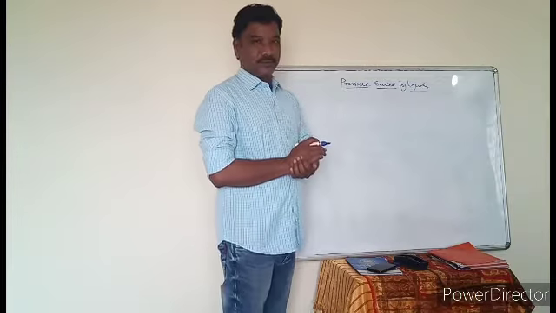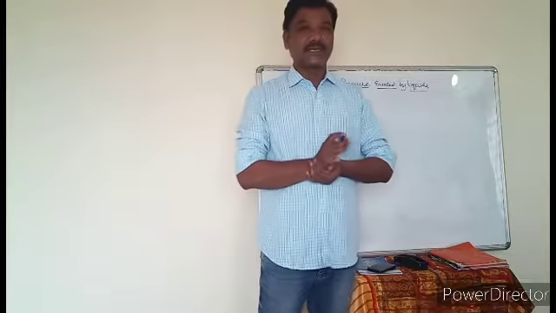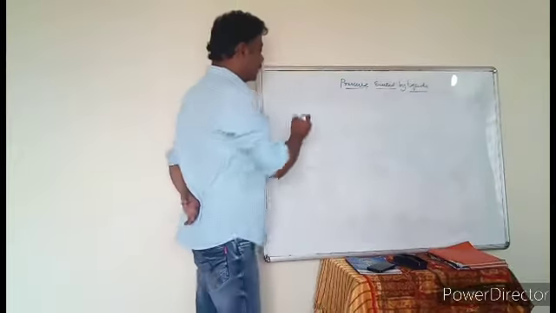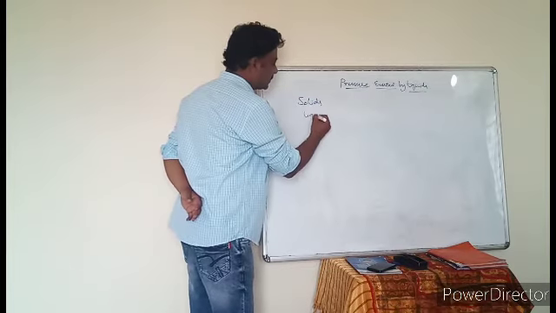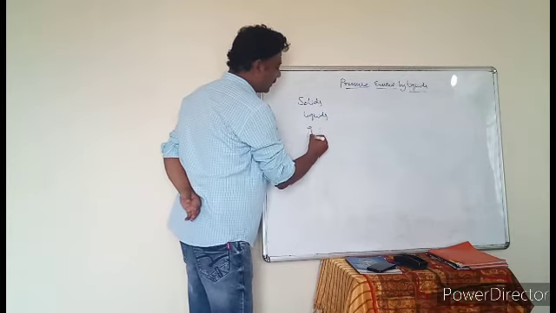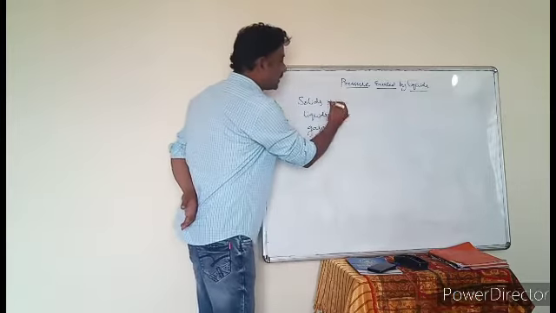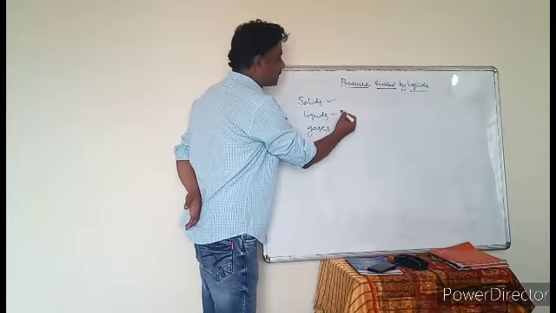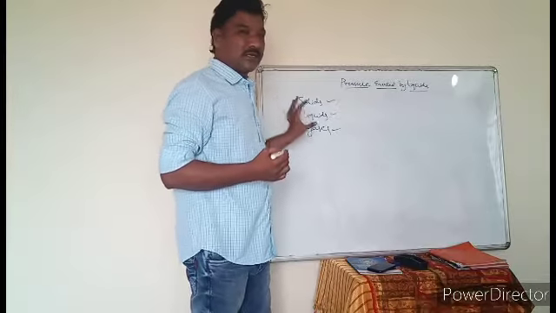Now, pressure can be exerted by all types of substances. That means we have different types of substances. What are those? Solids, liquids, and gases. Solids can exert pressure, liquids can exert pressure, gases can exert pressure.